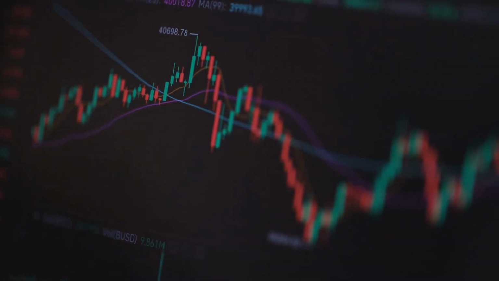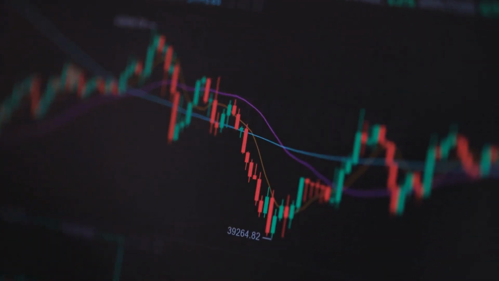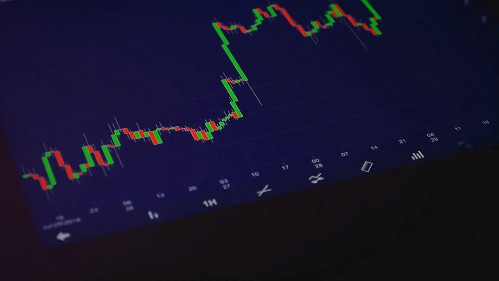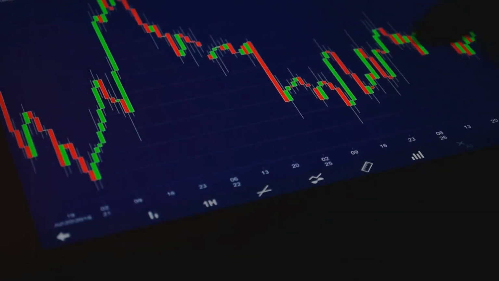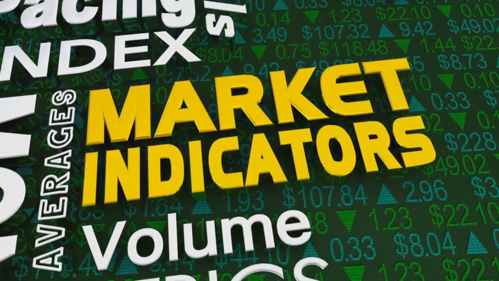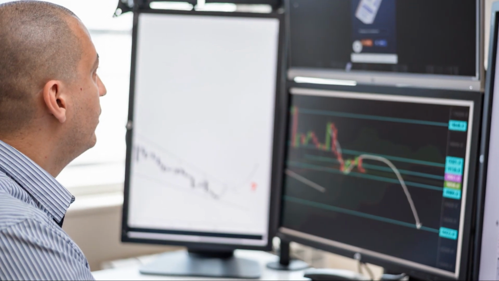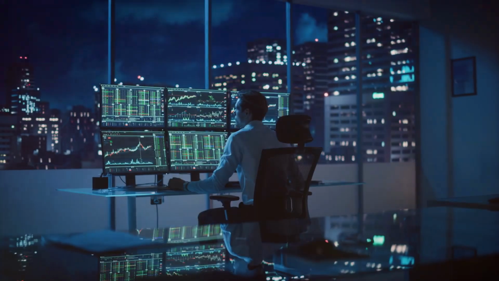In fact, I would recommend sticking to just a handful of indicators that you understand and are comfortable using. Some popular indicators for scalping include moving averages, the Relative Strength Index, RSI, and the MACD. Moving averages can help you identify trends. The RSI can help you identify overbought or oversold conditions, and the MACD can help you identify changes in momentum.